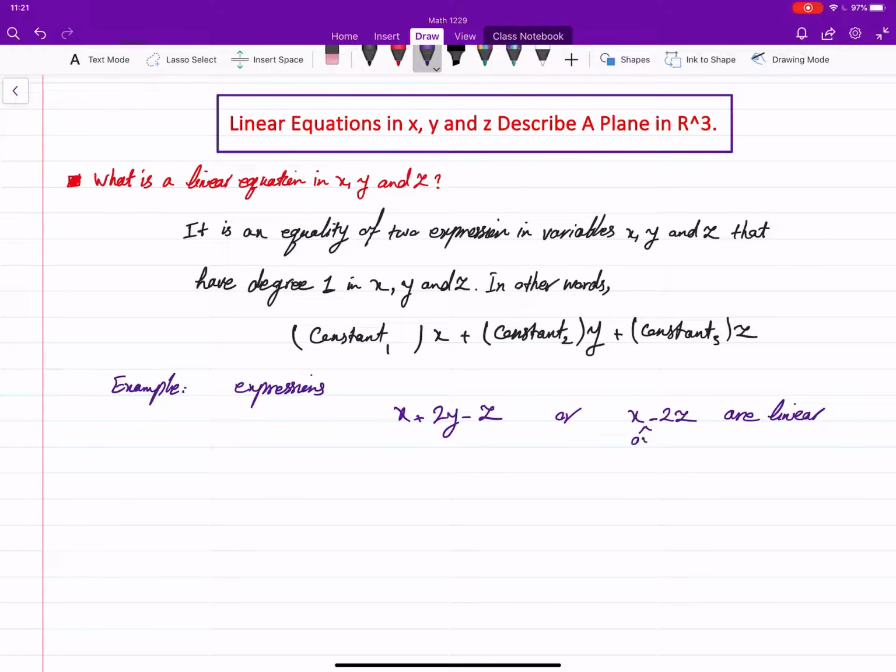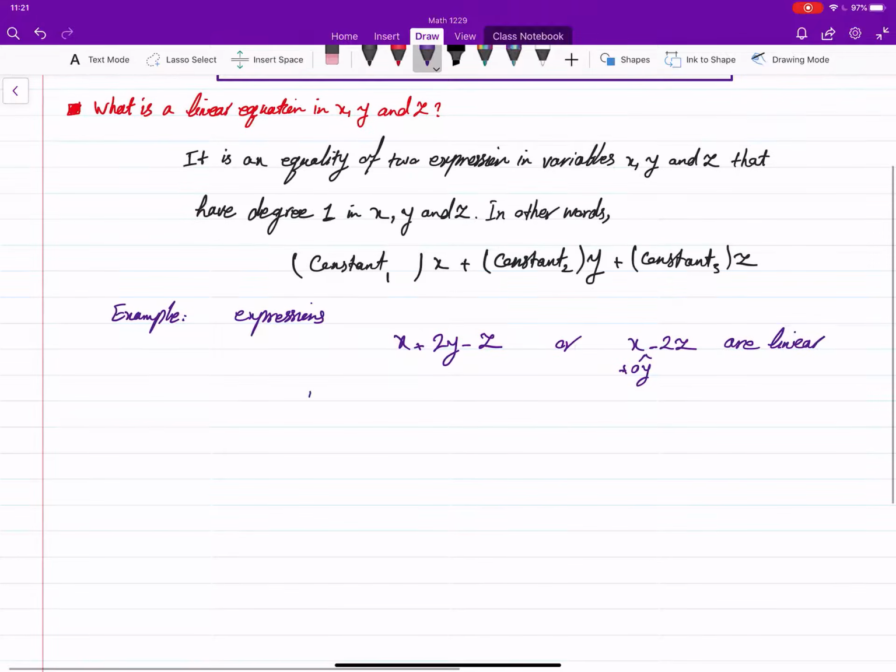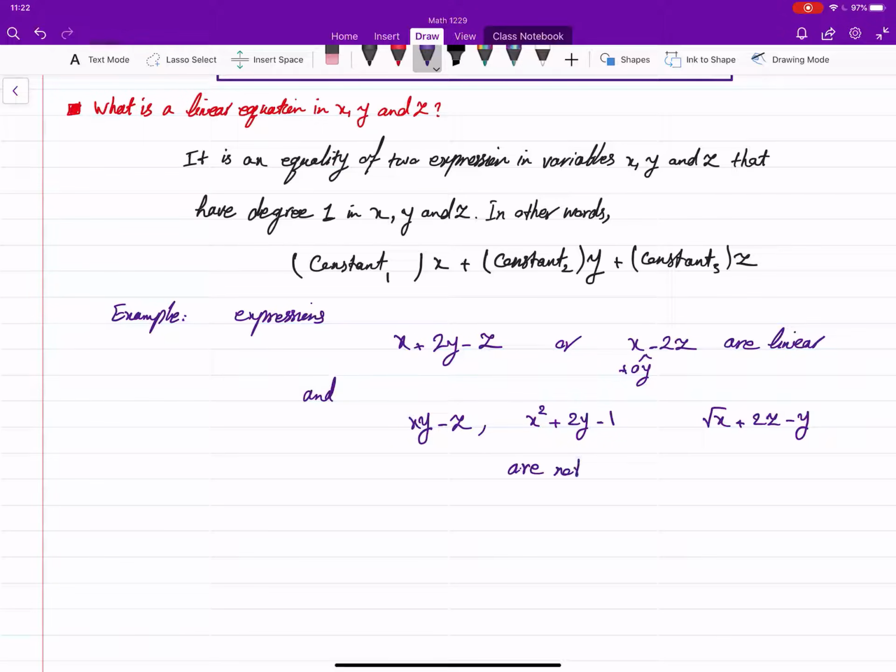The coefficient of y, the constant for y in the second one, is 0, so basically plus 0y. And expressions like x times y minus z, or x squared plus 2y minus 1, or root x plus 2z minus y are not linear.